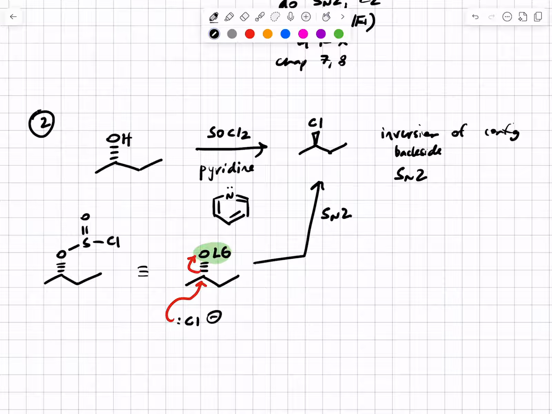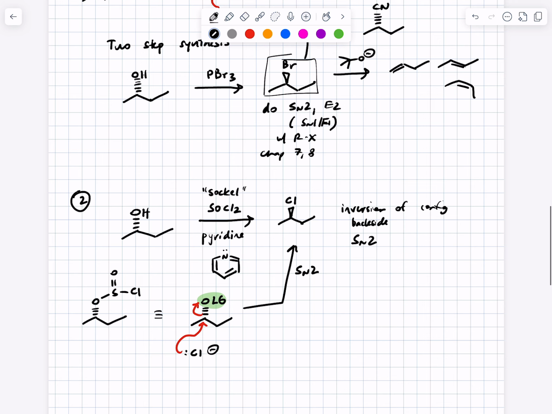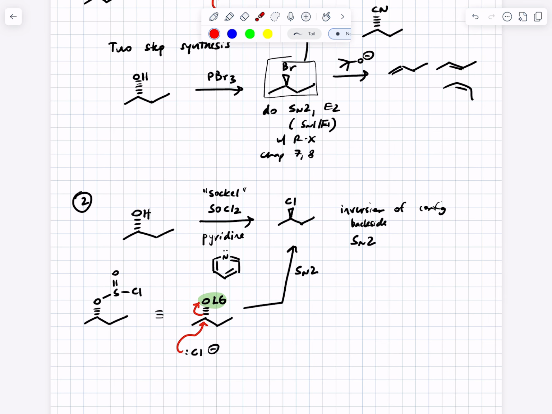Some people like to pronounce these reagents rather than saying SOCl2, so if you want to call it SOCl, you are welcome to do that. Okay, and you could use SOCl2 in the same two-step synthesis like we've done here.